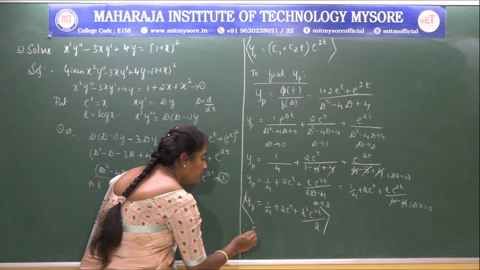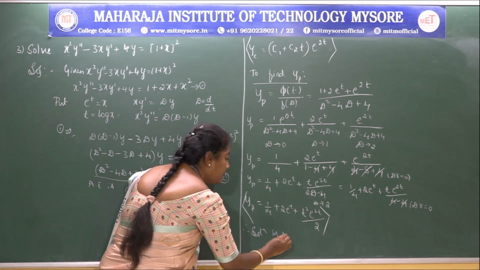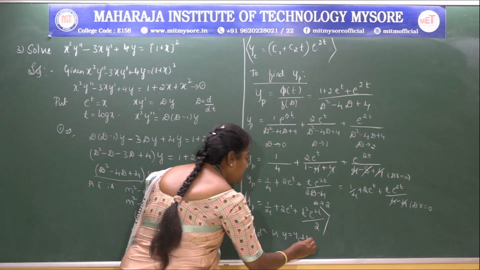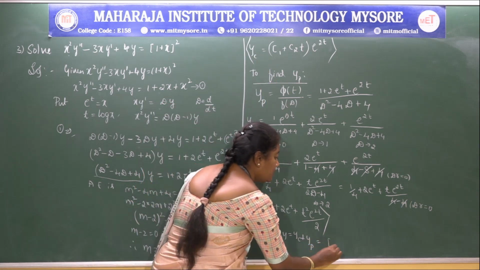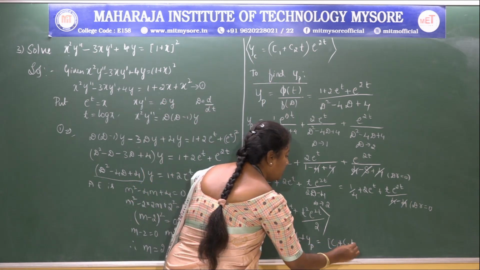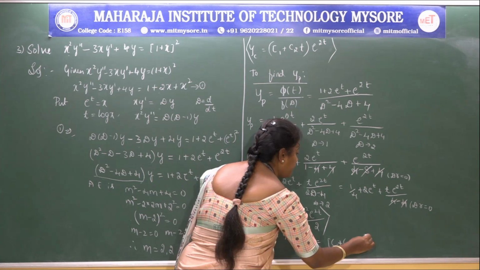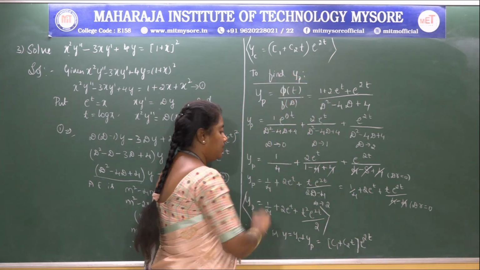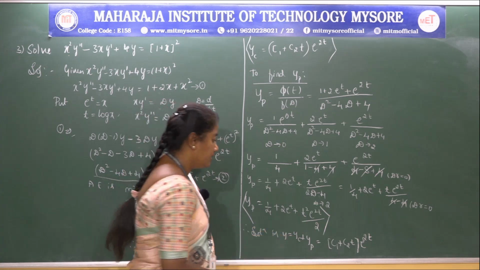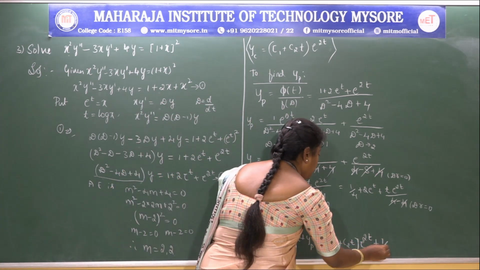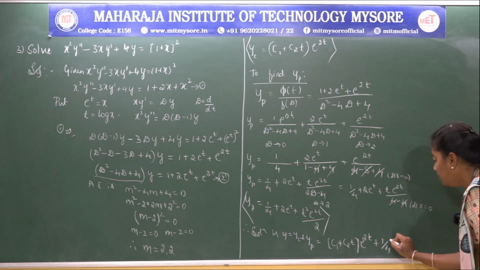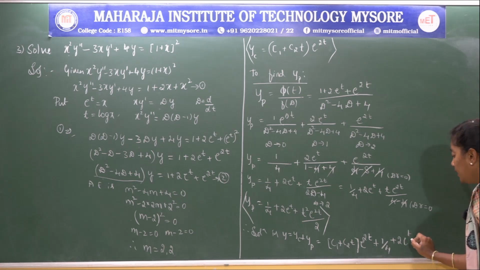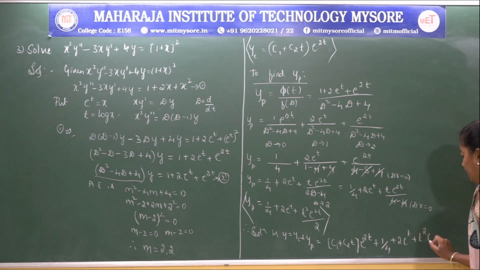Therefore, the solution is y is equal to yc plus yp, where the value of yc is equal to c1 plus c2t into e to the power of 2t, and the value of the particular integral is 1 by 4 plus 2 e power of t plus t square e power of 2t divided by 2.